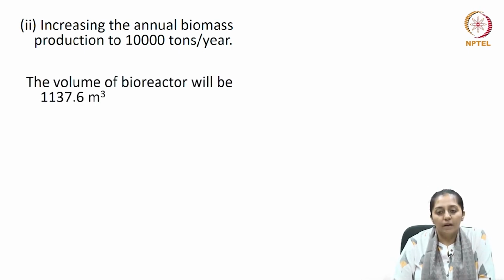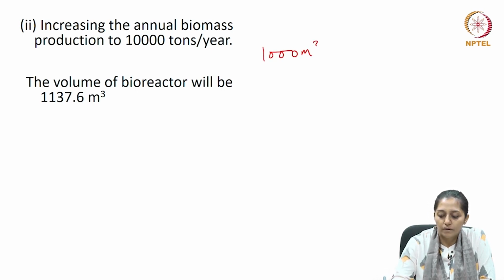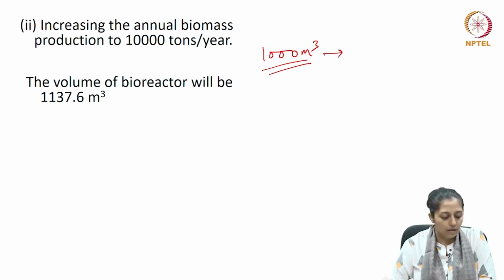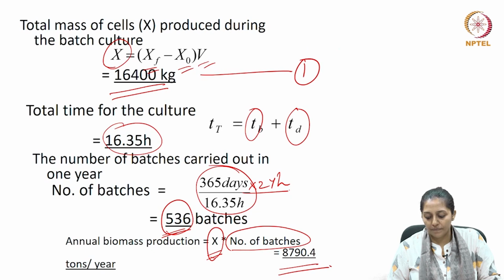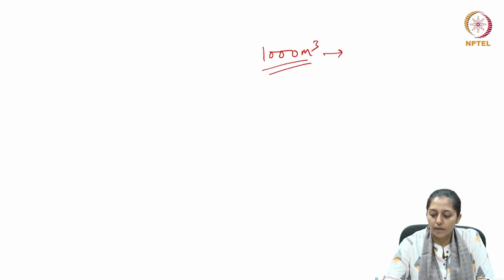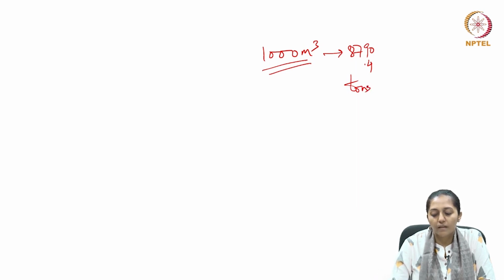Now, to solve the second part, the reactor volume given for the batch process was 1000 meter cube. If the 1000 meter cube reactor is giving us from the first part 8,790.4 tons per year, then what volume will be needed for 10,000 tons?